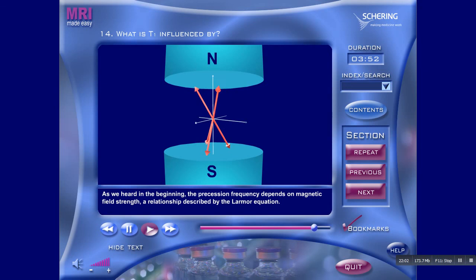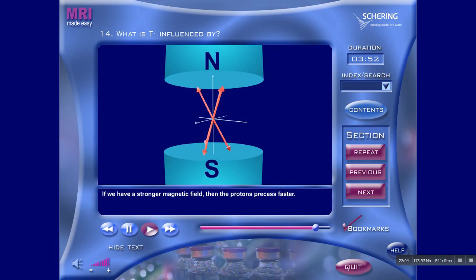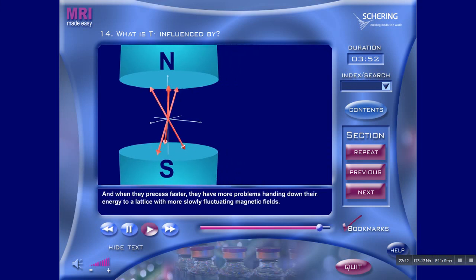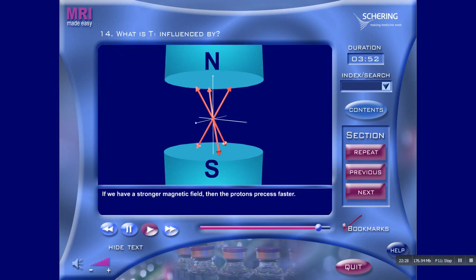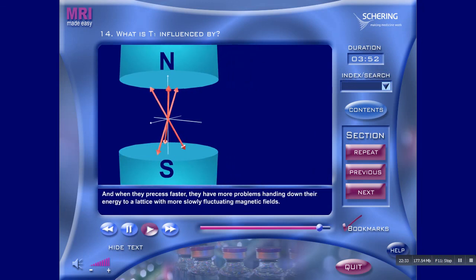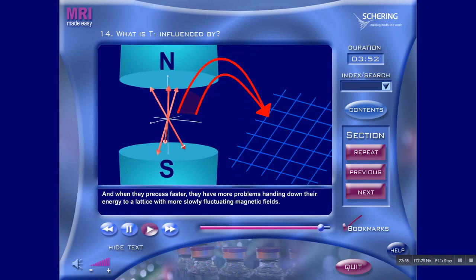If we have a stronger magnetic field, then the protons precess faster. And when they precess faster, they have more problems handing down their energy to a lattice with more slowly fluctuating magnetic fields.